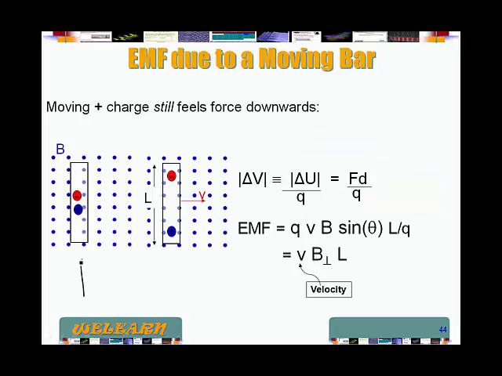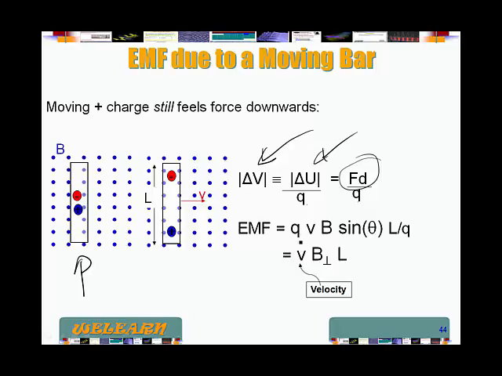If I have a bar, since it has charges within it, as it moves in a region where we have a magnetic field, there is going to be a change in electrical potential. That's change in electrical potential energy per unit charge. So it's going to be the work done on the charges over the charge.